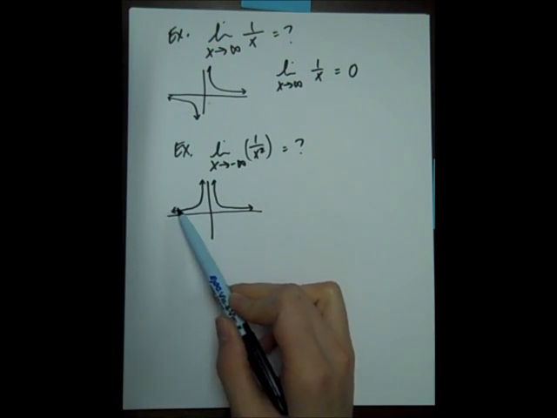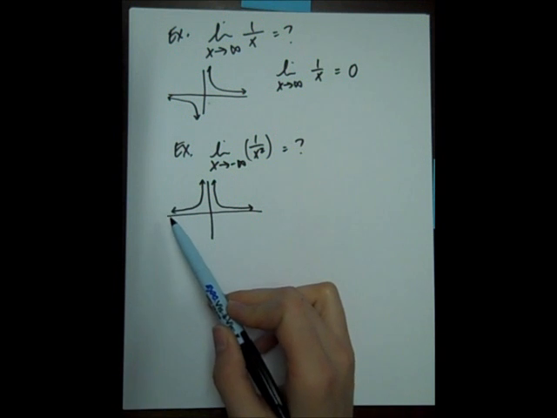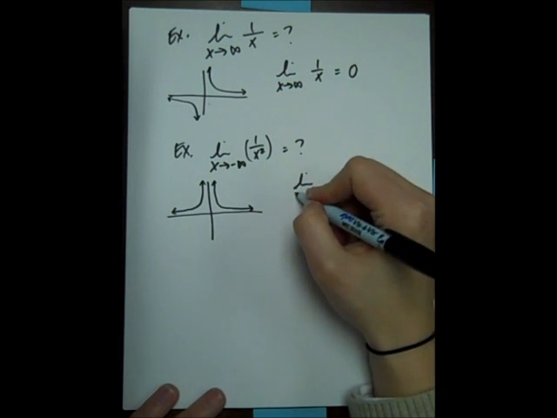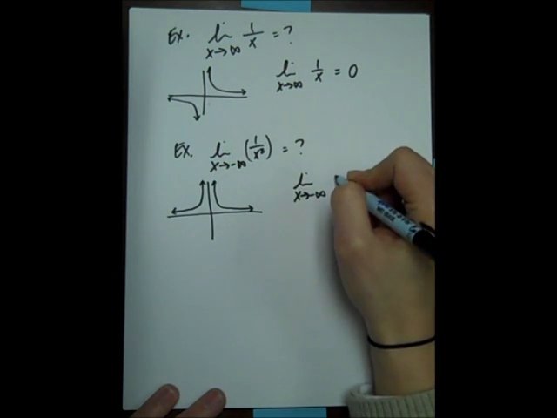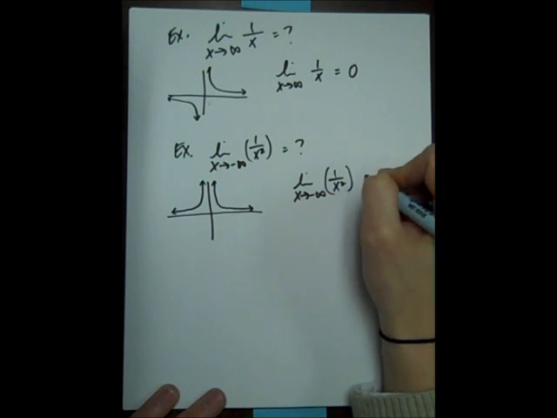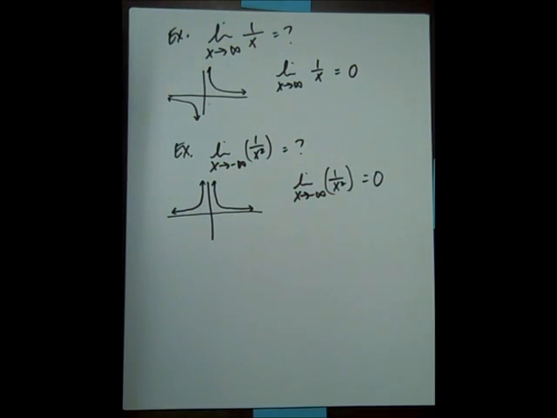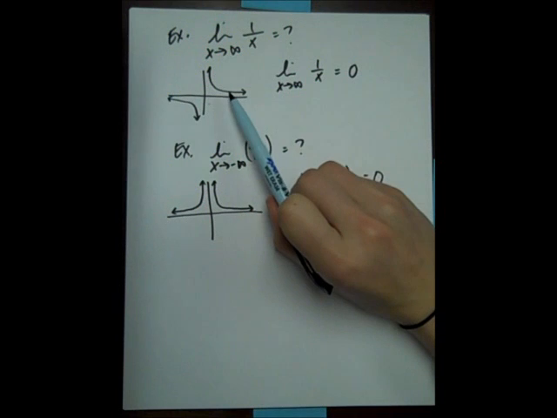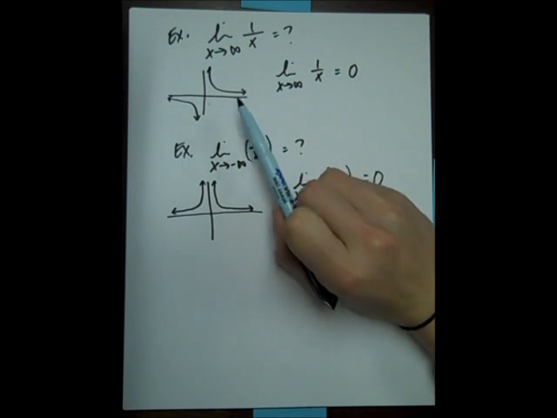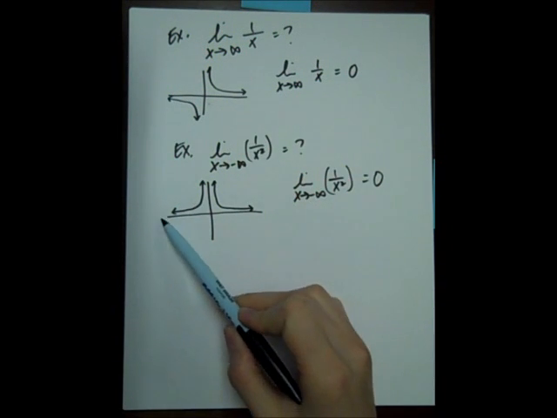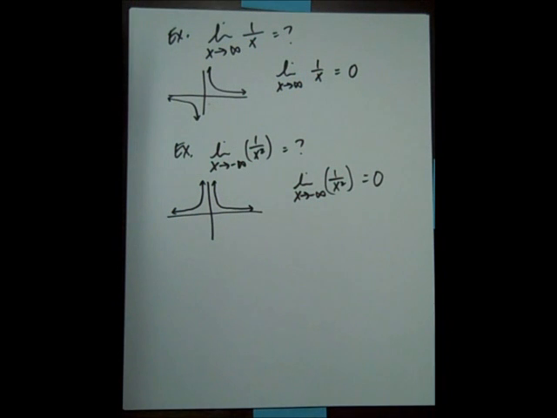Well, again, they're approaching the x-axis. That's where y is equal to 0, so the limit as x approaches negative infinity of 1 over x squared is again 0. So all I'm asking now is, as x gets huge, what are my y values doing? Here it was, as x gets really small, what are my y values doing? So that's what we mean by limits at infinity.